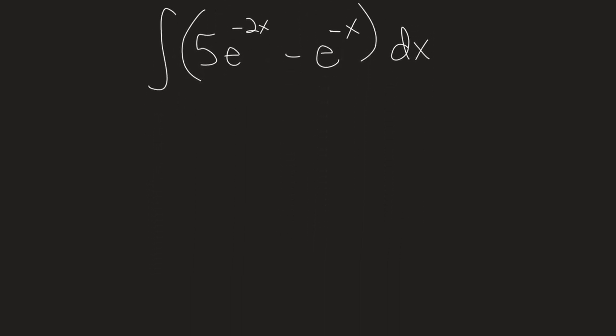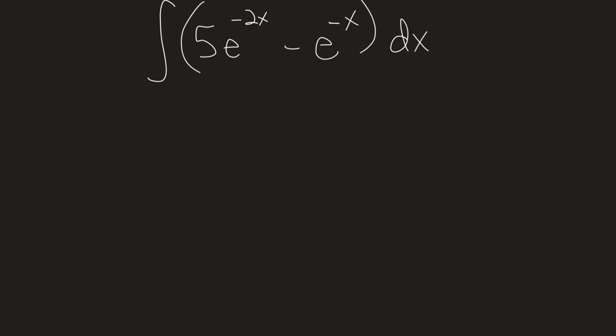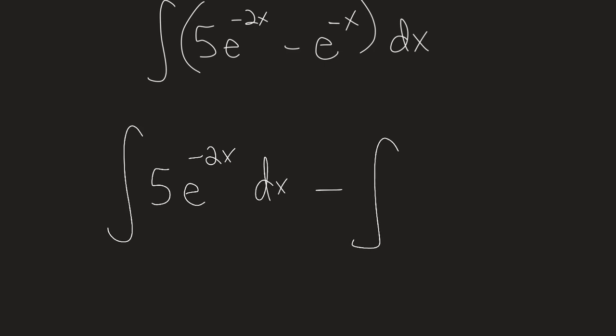Now that I have a subtraction sign, I'm going to use the property of integrals and break this into the integral of 5e to the minus 2x dx minus the integral of e to the minus x dx. This is the trick here that we want to employ in order to now have 2 separate u's.